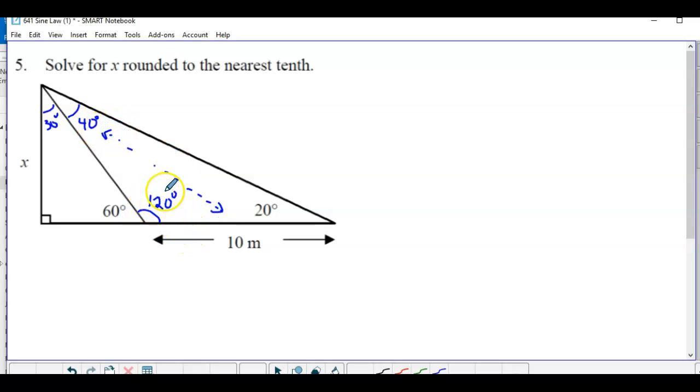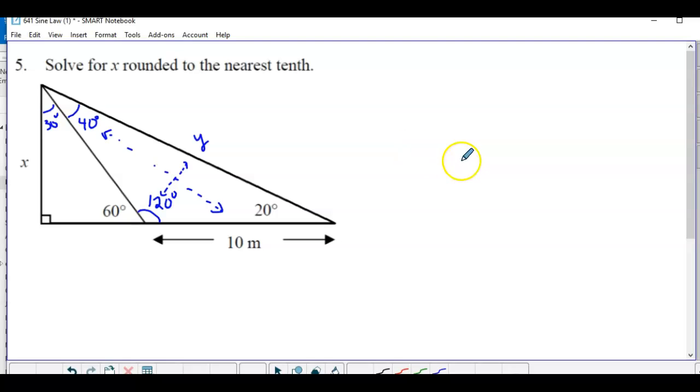So you can kind of do your pair there. And then this angle here, I could calculate this side. I'm not going to call it x because that's already x. So let me call it y. If I calculate y, then I know this angle here, and I will have a whole side of the triangle. So if I have a whole side and an angle, I can find another side. So that's what I'm going to do.